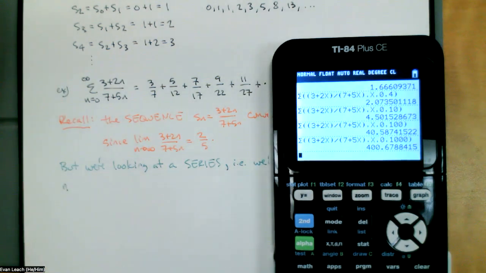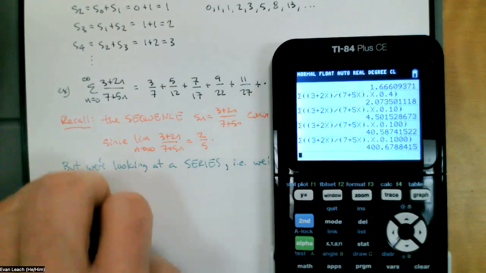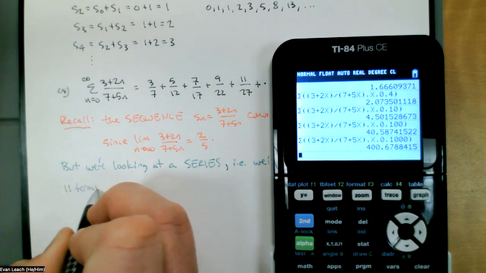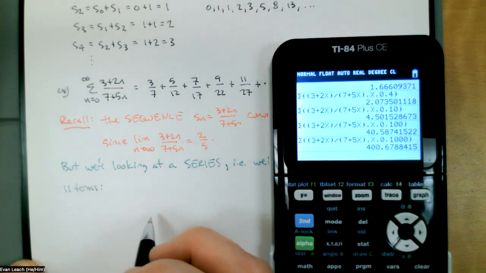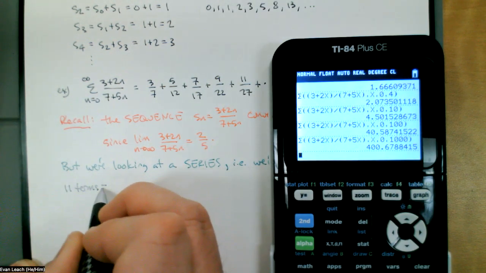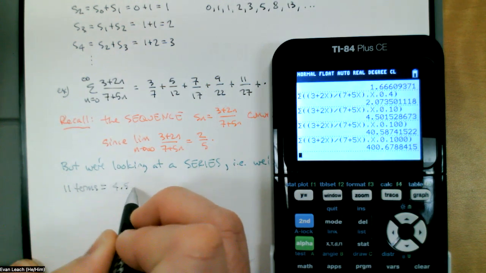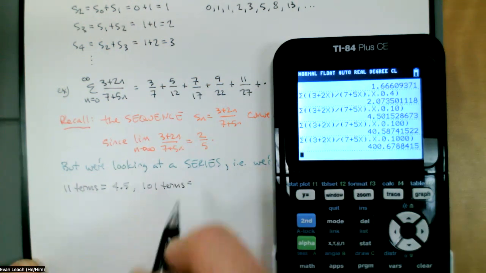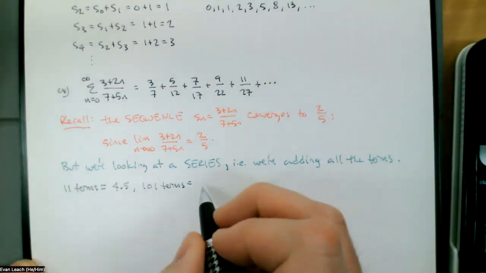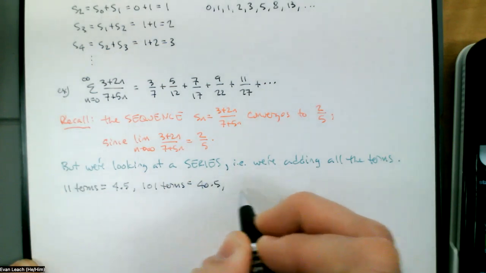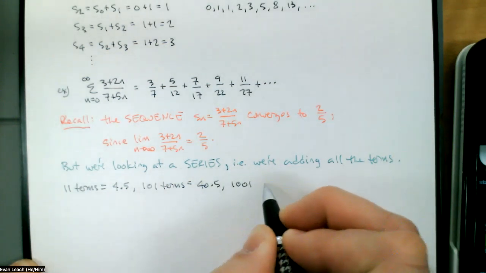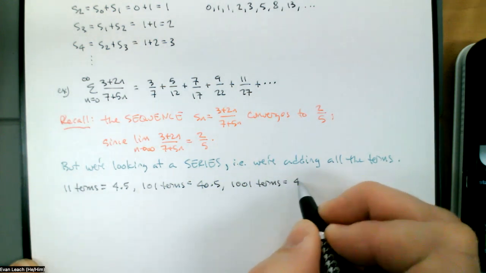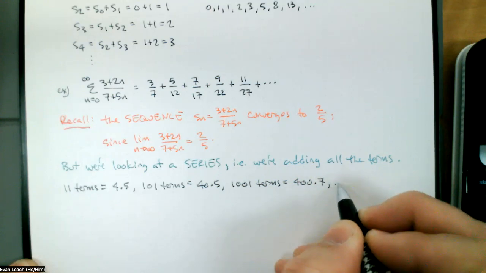So when we had up to 11 terms, the sum was 4.5. 101 terms, the sum was 40.5. 1,001 terms, the sum was 400.7.